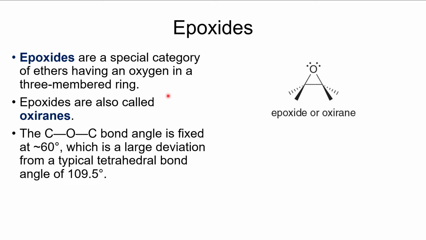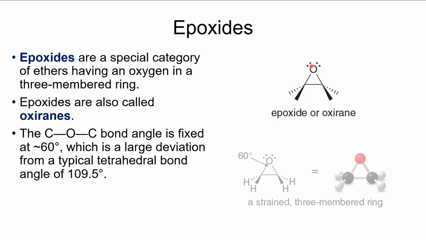The carbon-oxygen-carbon bond angle here is 60 degrees. And if you look at this oxygen, you will see that it is sp3 hybridized. The typical sp3 hybridized angle is going to be about 109.5. So epoxides, with that angle of 60 degrees, are under quite a bit of angle strain.